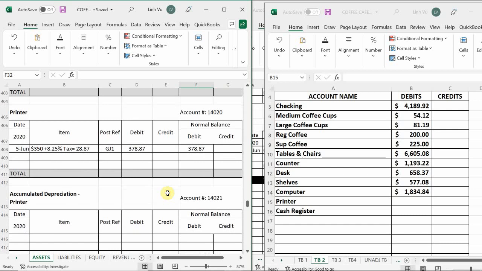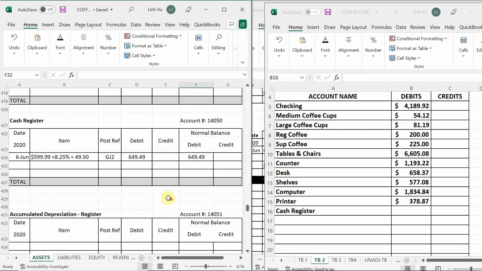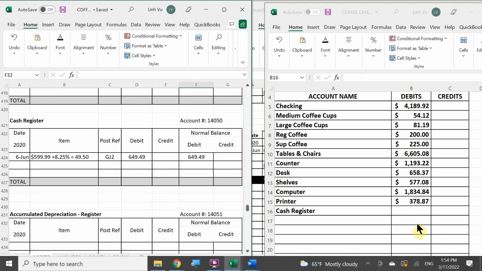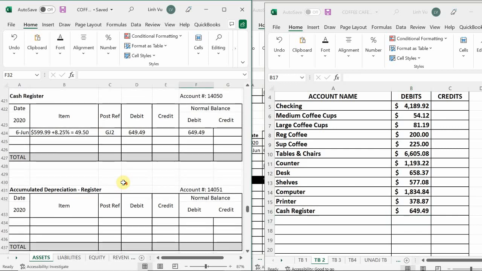No changes to my computer. No changes to my printer either, right? It's still $378.87. And of course, my cash register is still at $649.49. Okay.